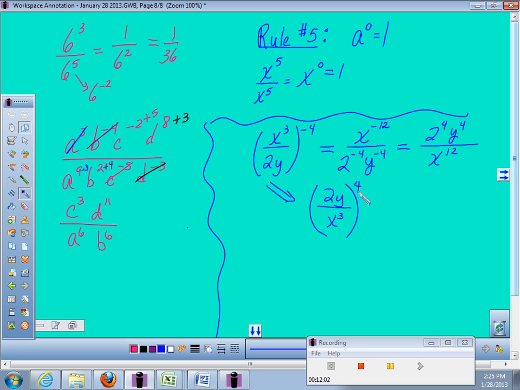People tend to lose negatives and mess up negatives. Because now, all I have to do is 2 to the 4th, y to the 4th, x to the 12th, and I have my 16, y to the 4th, x to the 12th. So if you have a negative power on a fraction, flip the fraction, change the power.